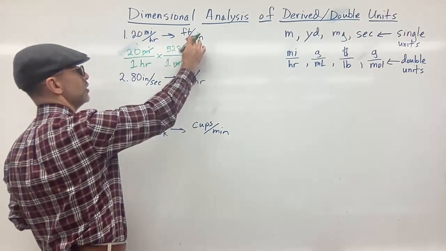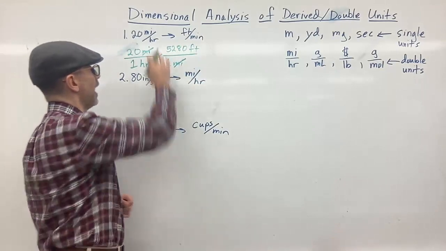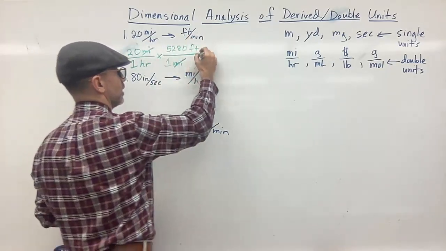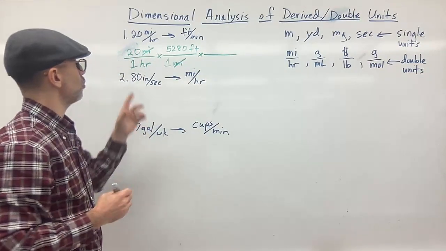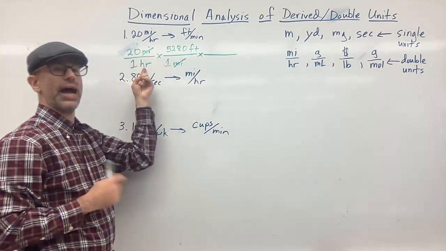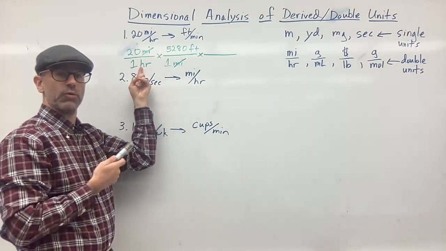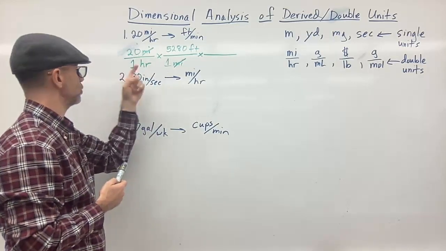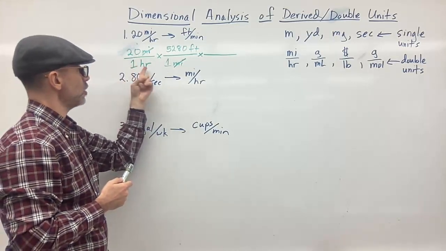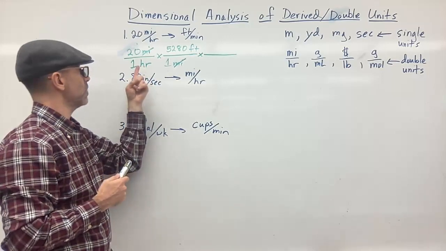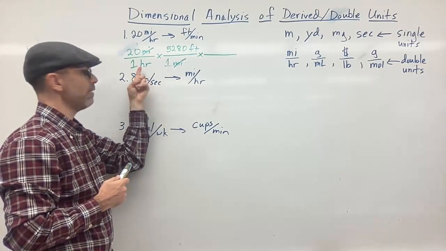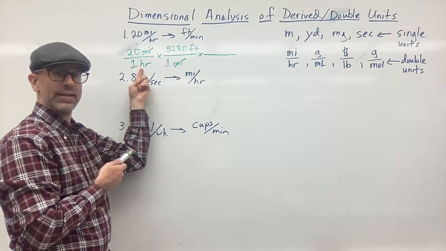But we need to change the hours to minutes, so we're going to need another conversion factor. Now we're working with the bottom, so whatever's on the bottom, I want that to cancel out.